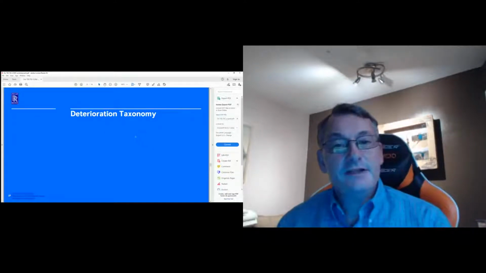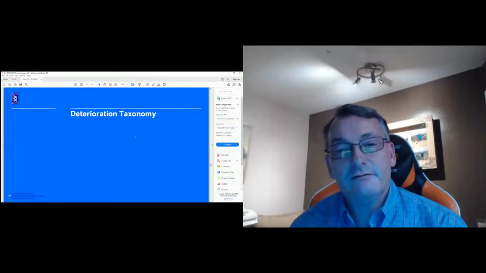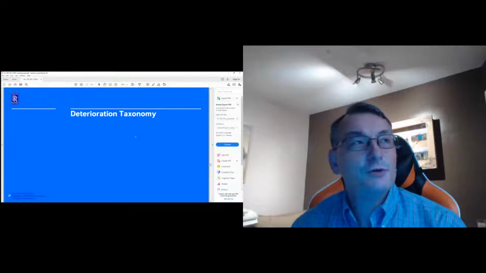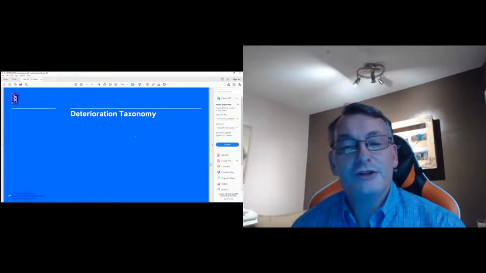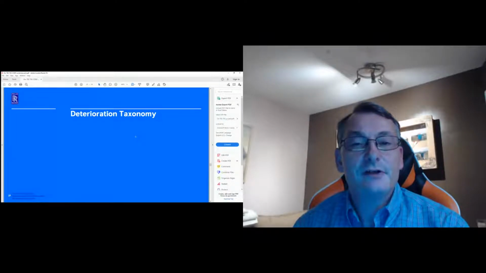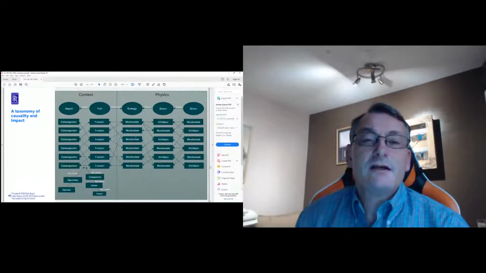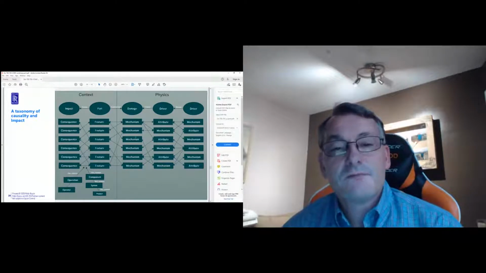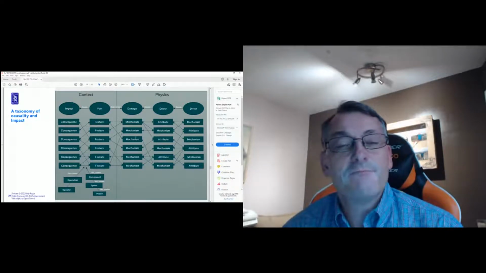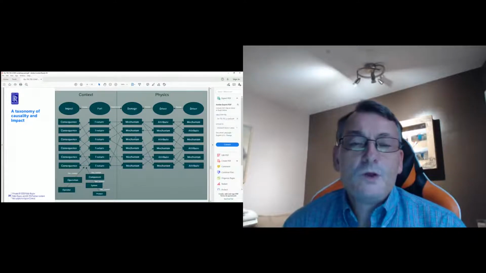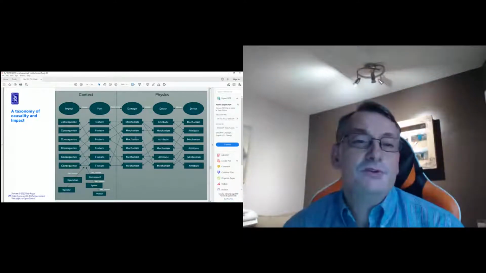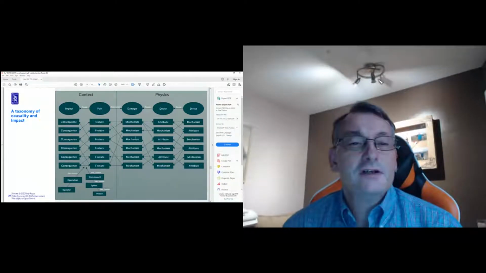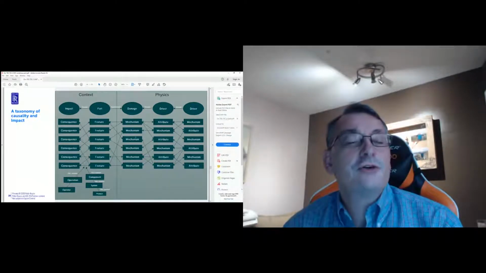So that kind of leads us into the area of thinking about, how do we describe deterioration? So we've put some effort and thought into the concept of a taxonomy. And one of the easiest ways to visualize it is using this type of diagram. So what we tend to see as symptoms are the impacts, so things that happen that we attach a consequence to.